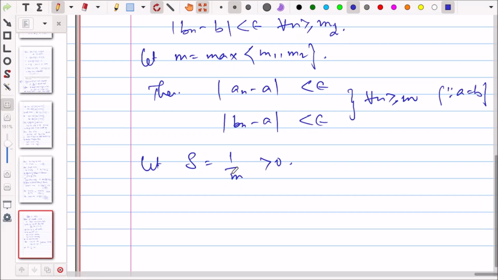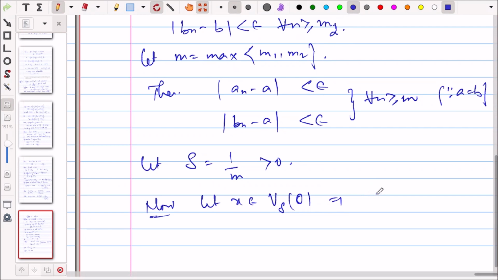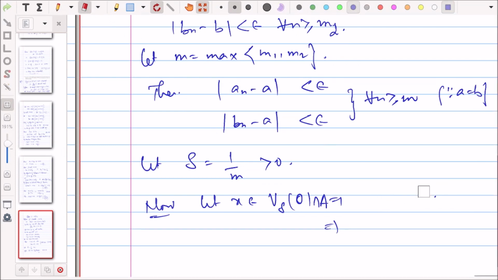Now let x belong to V delta 0. So this implies mod x is less than delta. Because f is defined on A, which is 0 to infinity, x is positive, so x is less than delta.